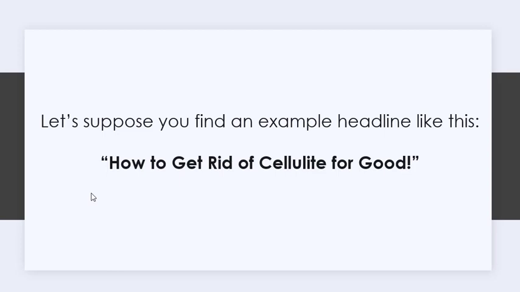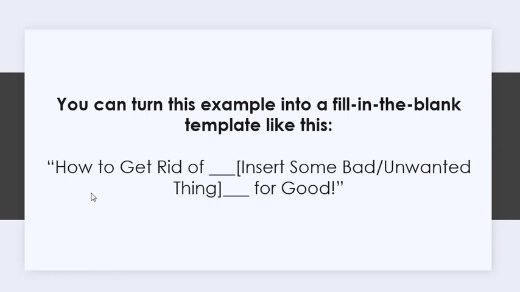Let's suppose you find an example headline like this: How to get rid of cellulite for good. You can turn this example into a fill-in-the-blank template like this: How to get rid of, you can insert some bad or unwanted thing, for good.